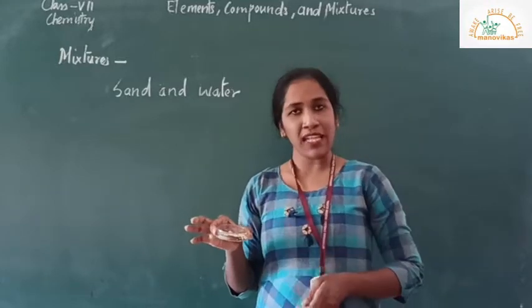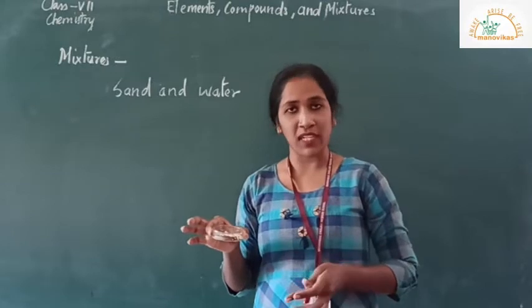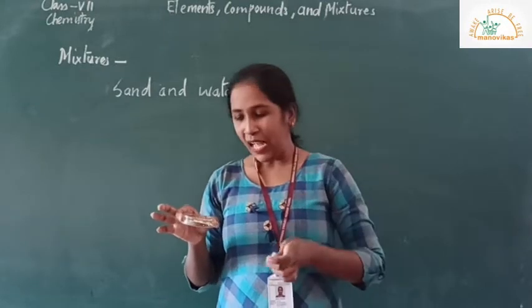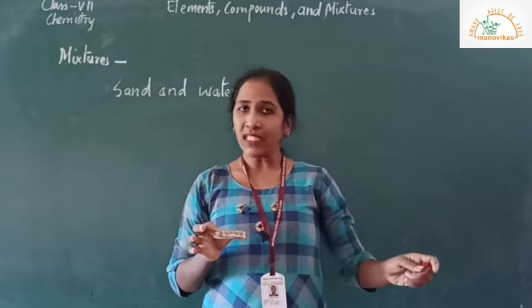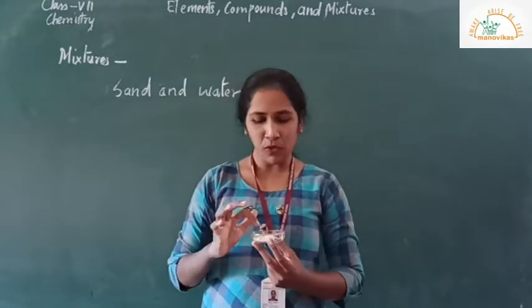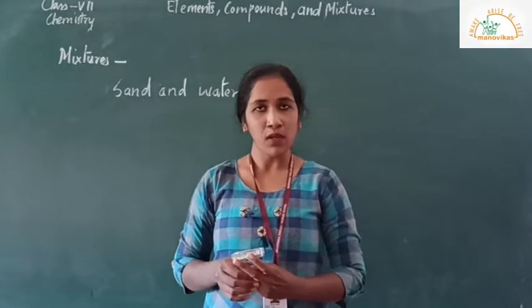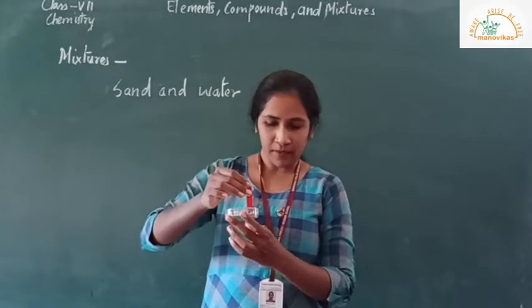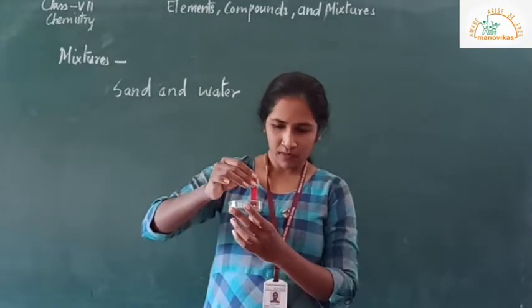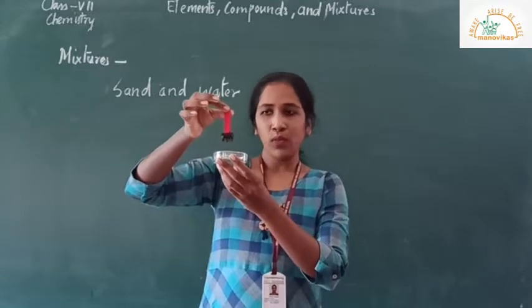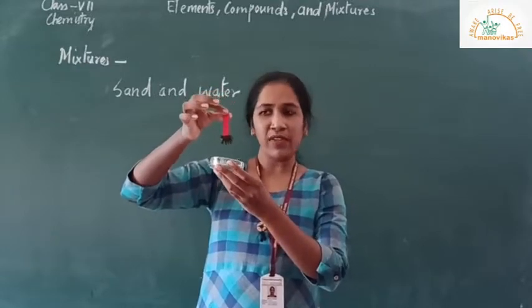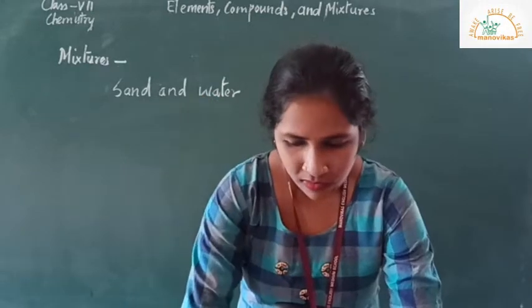Now these iron filings have the property of attraction. So with the help of a magnet, I can remove the iron filings. And once I remove the iron filings, what I am left with is the sulfur powder. So just check. See, with the help of this bar magnet, I have removed the iron filings.